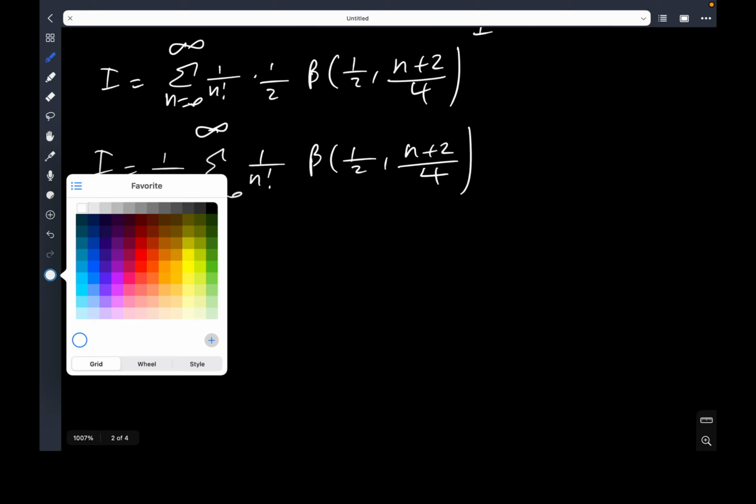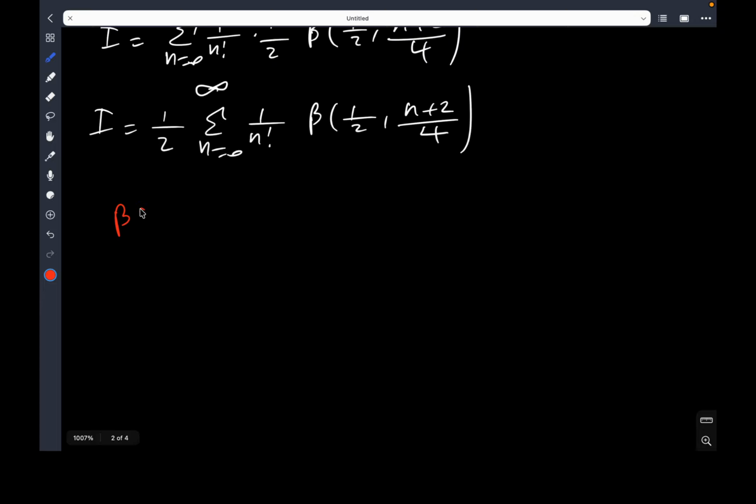Now the beta function has a property that is defined as gamma of x, gamma of y over gamma of x plus y.